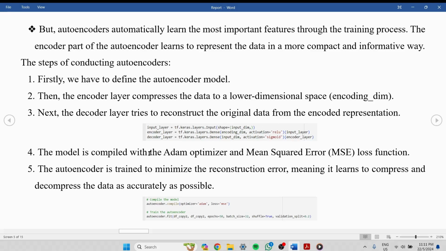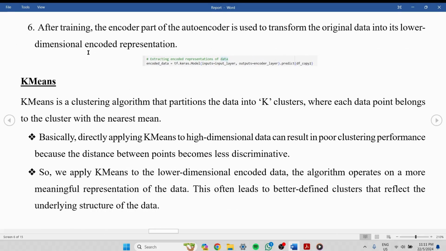The model is compiled with the Adam optimizer and the mean squared error (MSE) loss function so that our result can be better. The autoencoder is trained to minimize the reconstruction error, meaning it learns to compress and decompress the data as accurately as possible. After training, the encoder part of the autoencoder is used to transform the original data into its lower dimensional encoded representation. So that's all for the autoencoder.